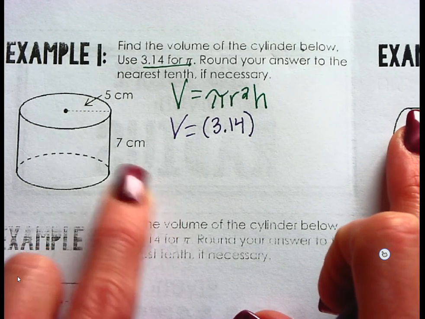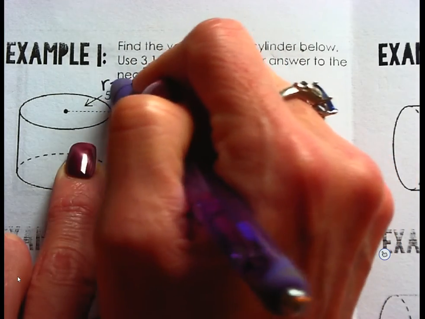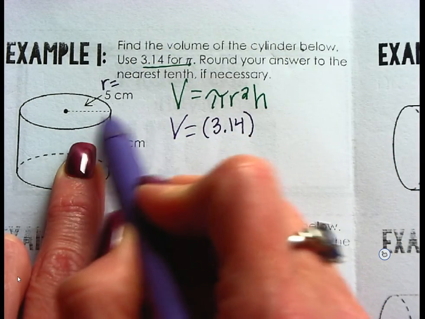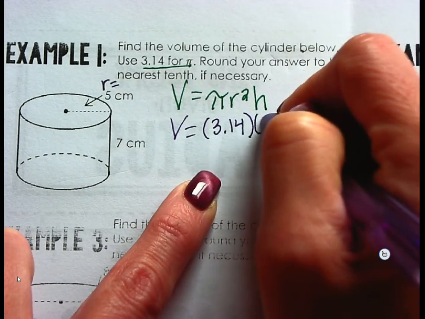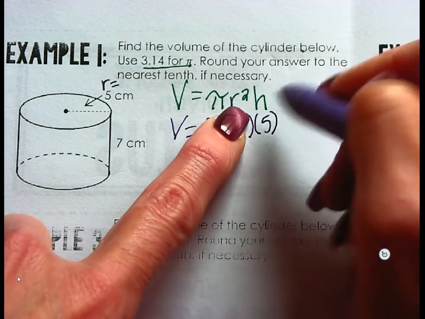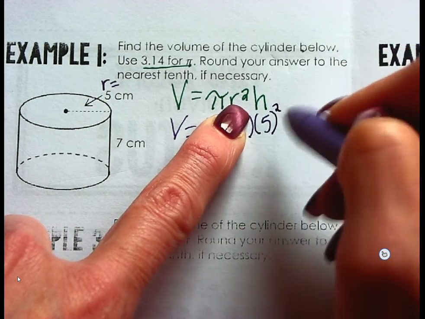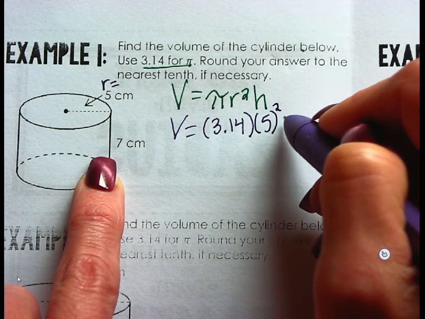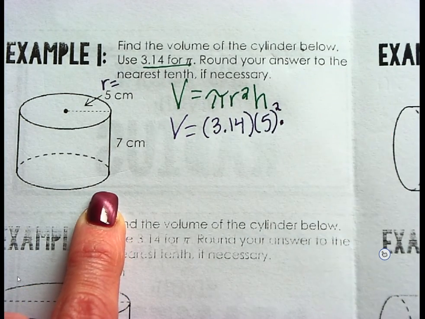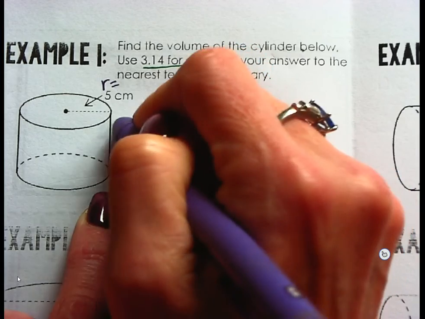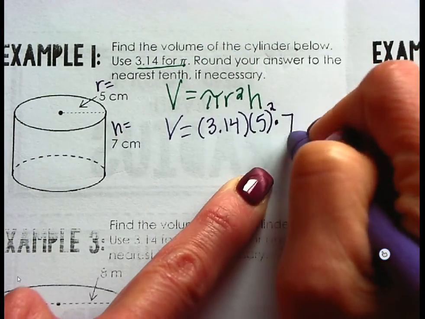Josh? 5. So our radius, our r, is equal to 5. I'm going to label that on my shape. Then I'm going to put it in parentheses because I'm multiplying, and I can't forget my exponent. Then I'm going to multiply all of this by my height. What is my height? 7. So height is equal to 7.